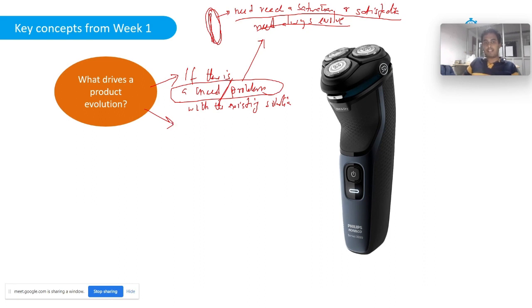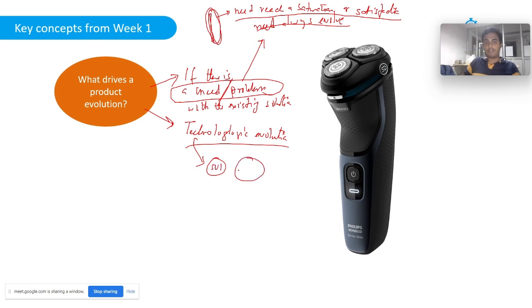The other aspect is the technological evolution. So what happens whenever new technology comes? The developers always think how these technologies can be implemented in new products. So this is not from the perspective of a user requirement, but a technology, like nowadays you have speech user interface.